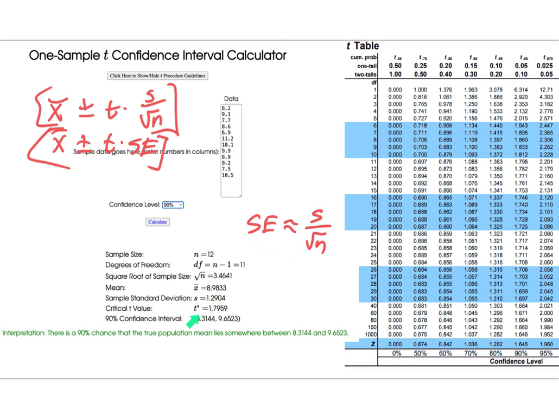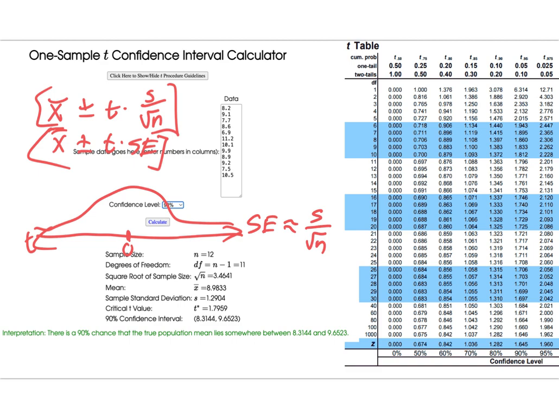This t value, this critical value, so if I were to draw my t distribution, it's like a little bit wider than a z. My t distribution, centered at 0, just like the standard normal curve, the z distribution centered at 0, so is the t.